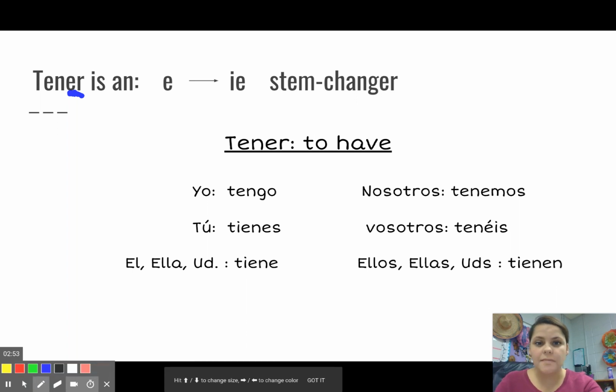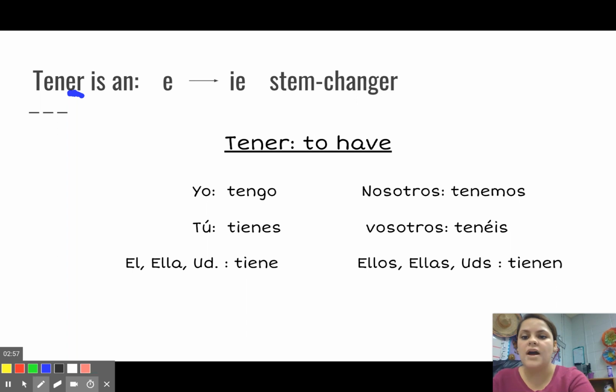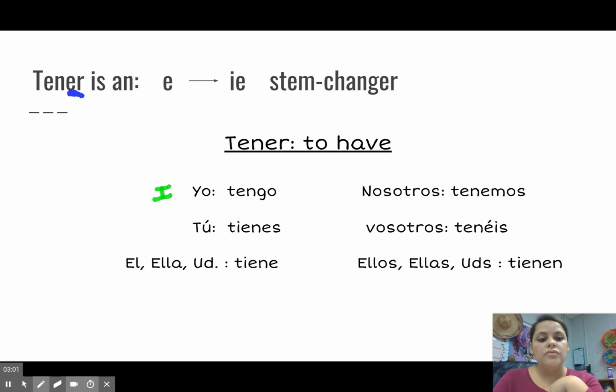But if you're looking at its conjugation in the yo form, yo meaning I, yo tengo, I have. The tú form, or you. Remember, this is the informal you, the you that you would use with your friends or your peers. So, yo tengo, tú tienes.